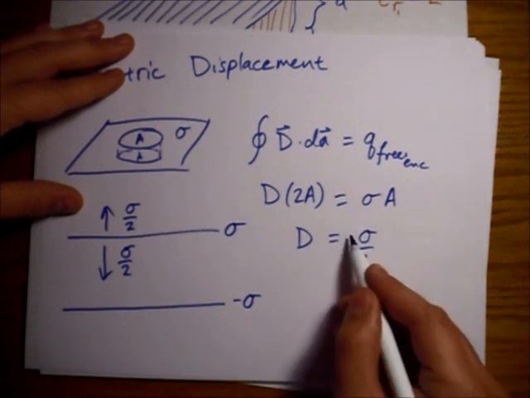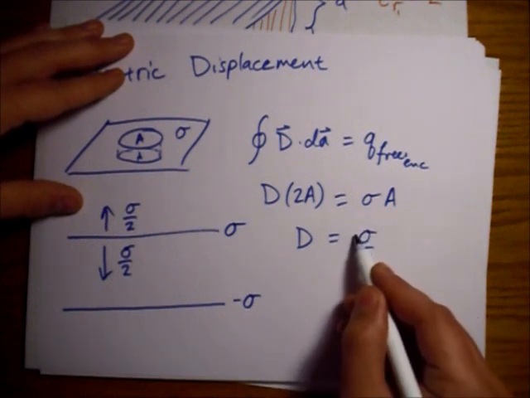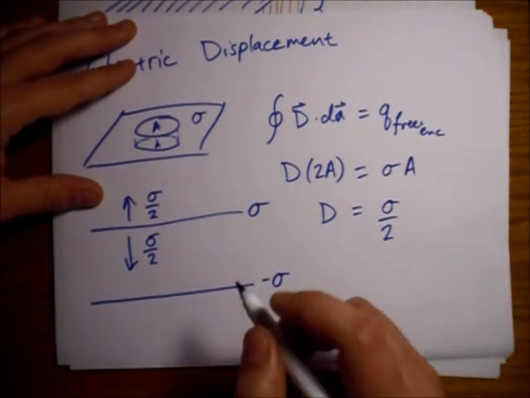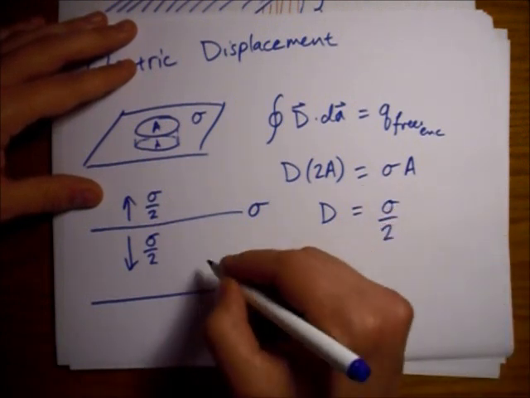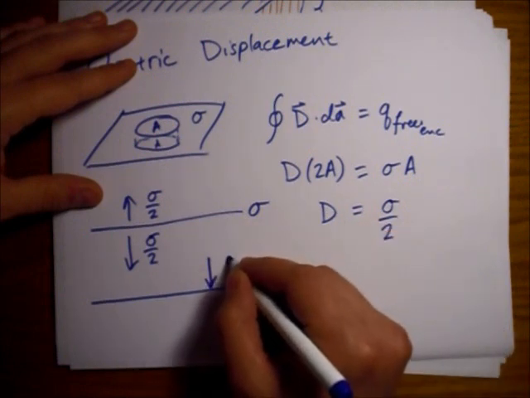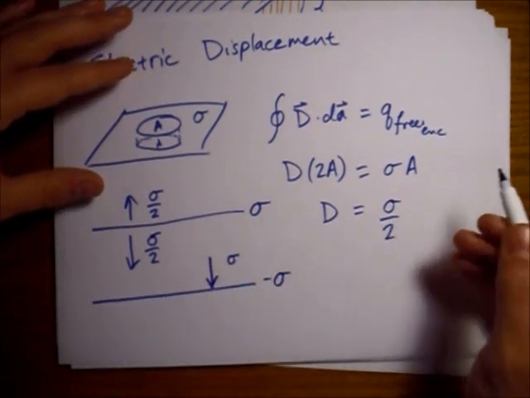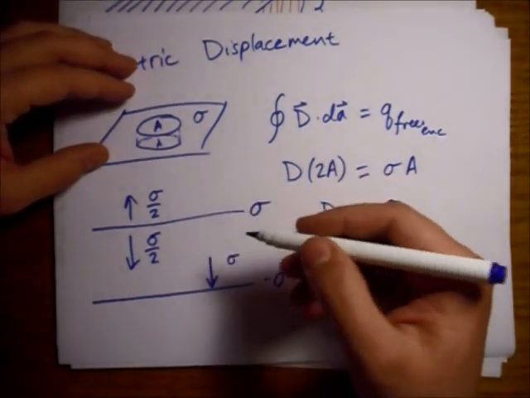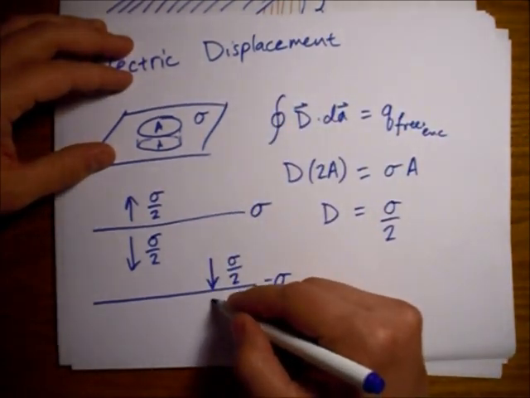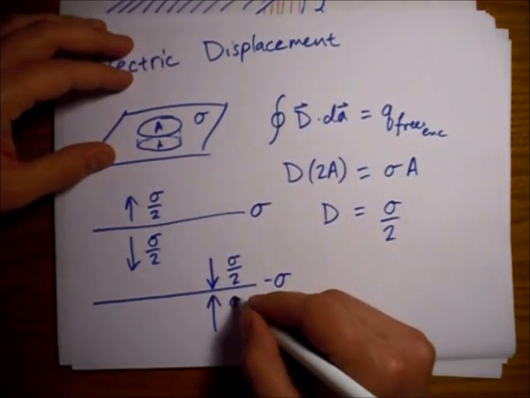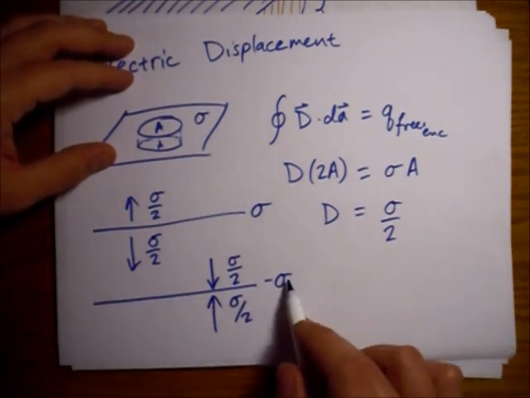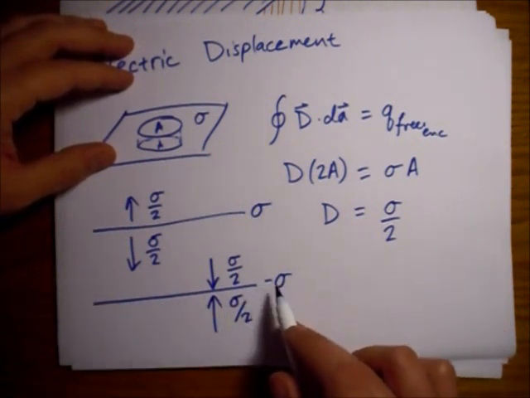For the bottom, we'll just get a minus sign right here, which tells us that D is pointing towards the sheet. So the minus sign just changes the direction. It's still a sigma over 2, except now it's pointed towards the sheet of negative free charge density.